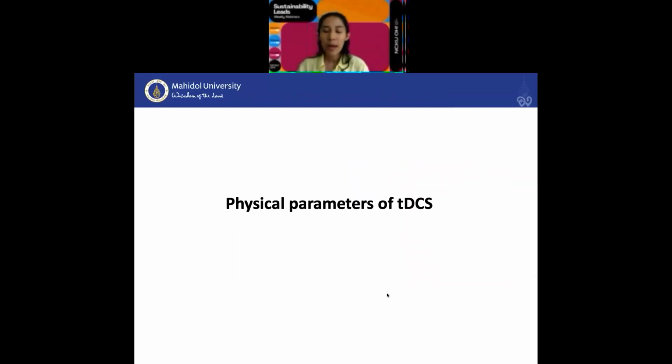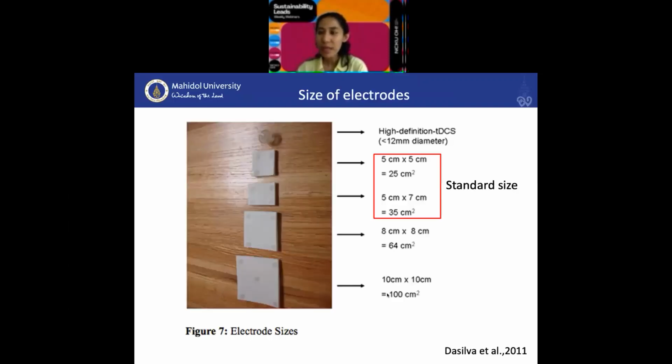Okay, next, the physical parameters of tDCS. You can see in the pictures that we have different sizes of electrodes, but the standard size is about 25 to 35 square centimeters, which people use a lot.